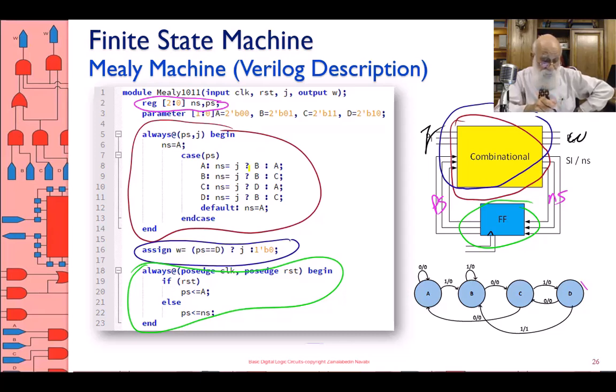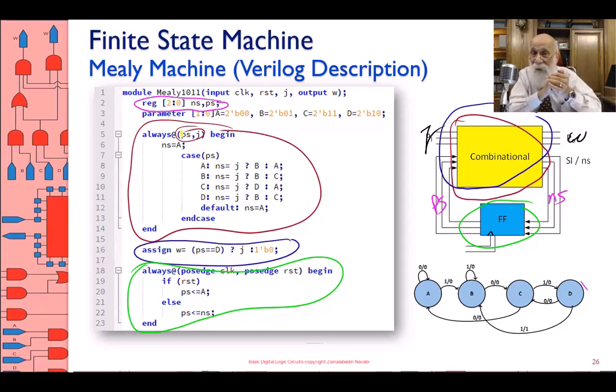The transition always statement starts on line 5. It has the present state and J on its sensitivity list. Well, look at the dark red bubble I'm showing on the right hand side. It has present state and J as its inputs, and therefore these are the same thing. Then on line 6, I have next state equal to A. What is this?